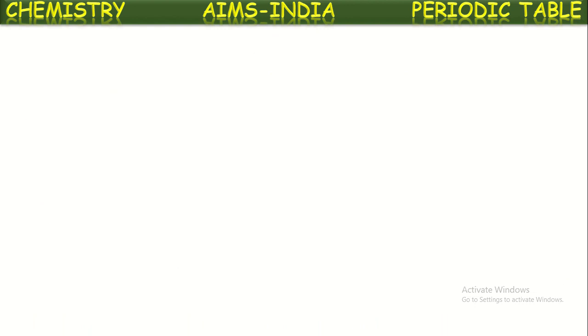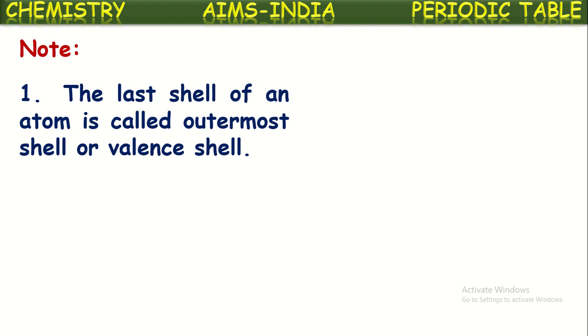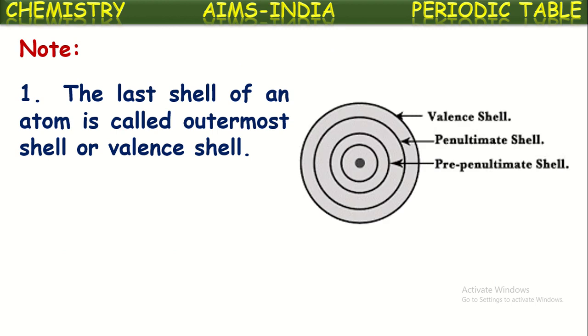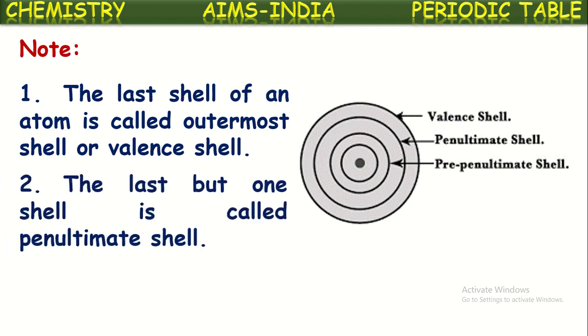So let us recollect the new terms which we have used here. The outermost shell means the last shell of an element is called its outermost shell. One more term we have used is the penultimate shell. Penultimate means last but one shell. Suppose it is an atom. Its outermost shell is called the valence shell.